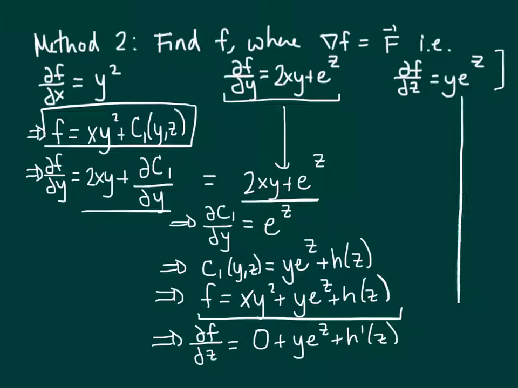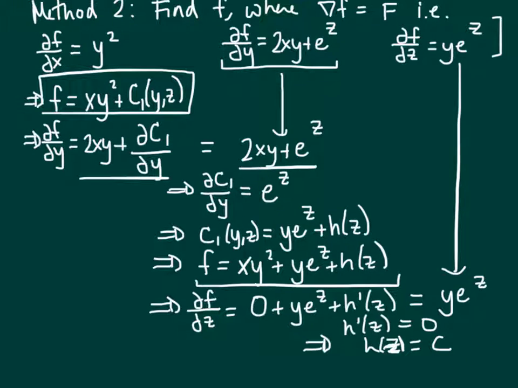And now we know that this has to equal y e to the z. Okay, and we're going to use that to solve for h prime of z. This is going to tell us that h prime of z has to be 0. Which means that h of z is just going to have to be a constant.